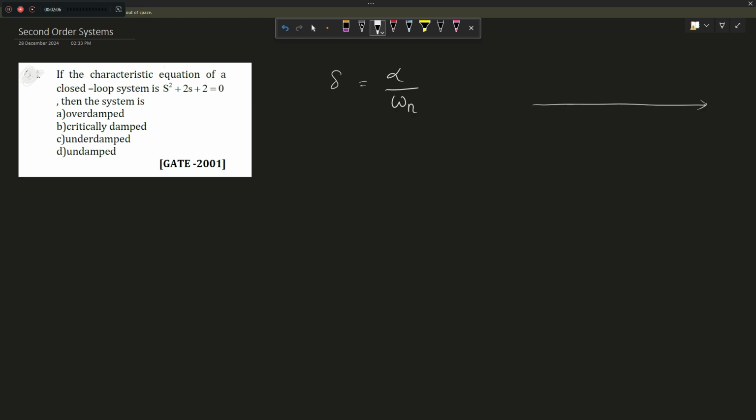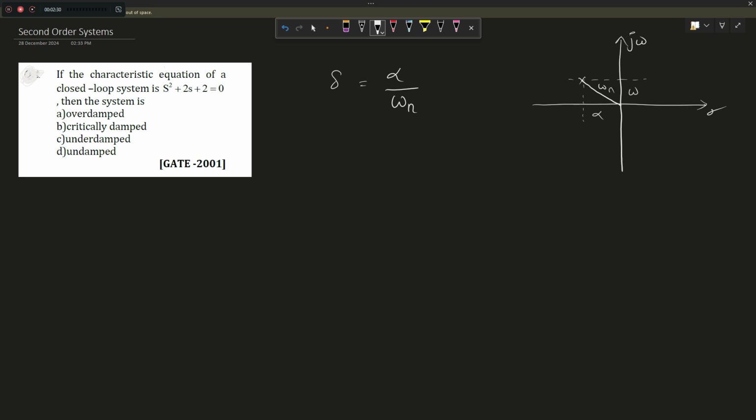In a pole zero plot, we will be able to find them easily. Let's say you have a pole here. The horizontal distance represents the alpha and the vertical distance represents the omega. And this is the natural frequency of oscillations.